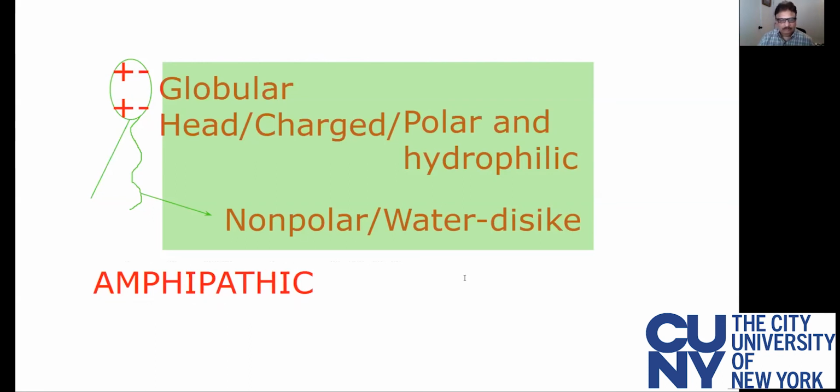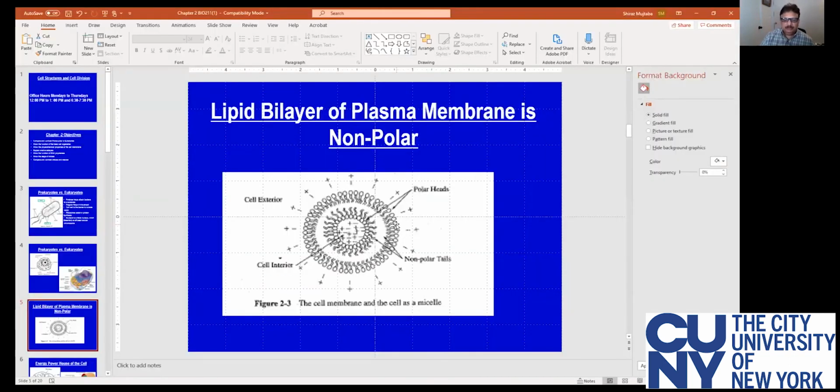So what is the function of lipid? Lipids help in the formation of cell membrane. So let's see how they do it. Just remember the structure. They arrange these lipid molecules in two layers. So a plasma membrane is made up of two layers of lipids.